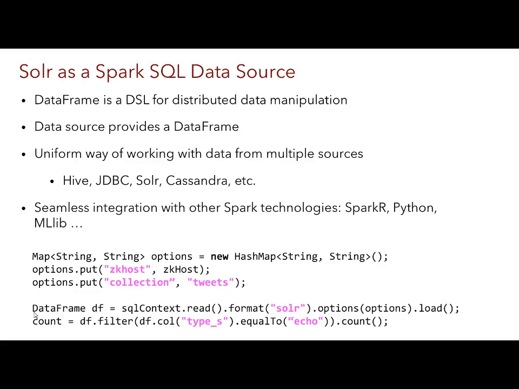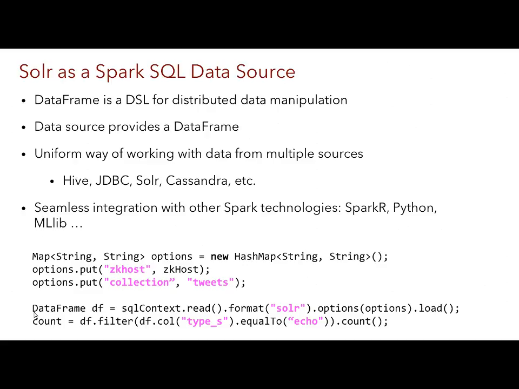Let's take a look at an example, the code here at the bottom. You don't have to read it and try to understand it too much. The key line is this: df equals SQL context, and so on. You basically just say to the SQL context, which is a Spark object, I want to read data in the Solr format with some options.